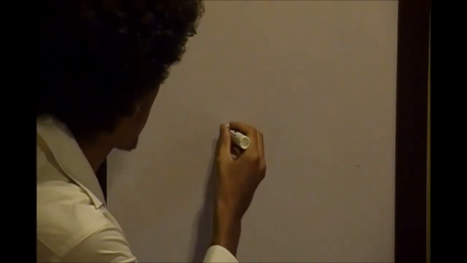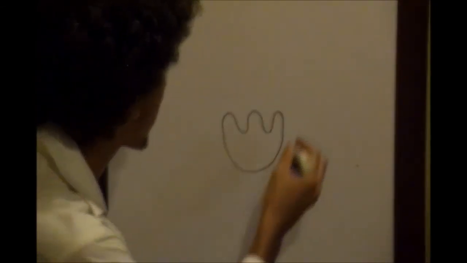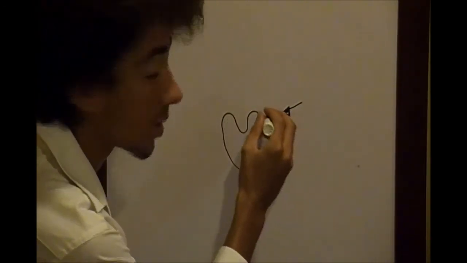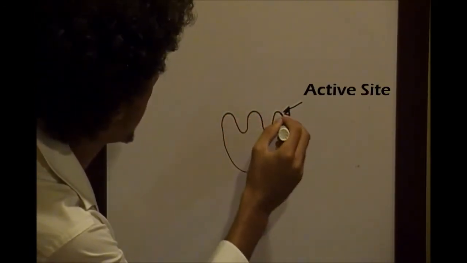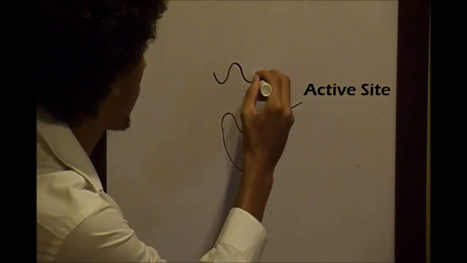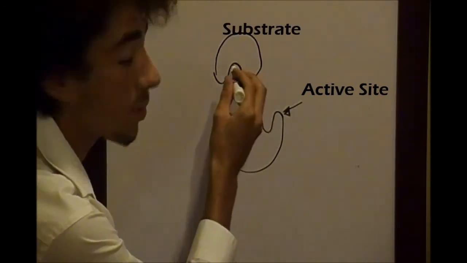So in dealing with enzymes, you have three parts. You have the actual enzyme right here. This top part of the enzyme is what you call the active site, and this is the substrate.